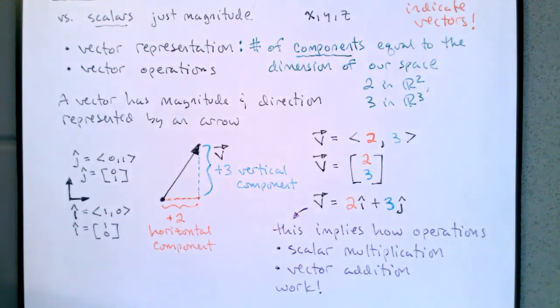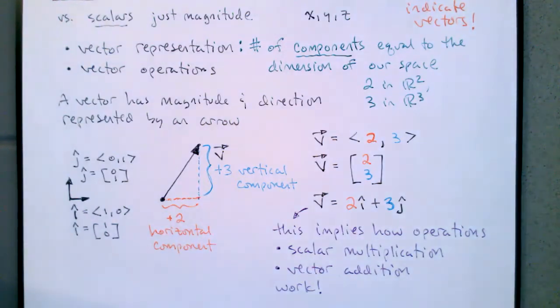So the question came up, can we also represent vectors horizontally like 2, 3? We can, as long as it's very clear that we're talking about a vector and not a point in space.